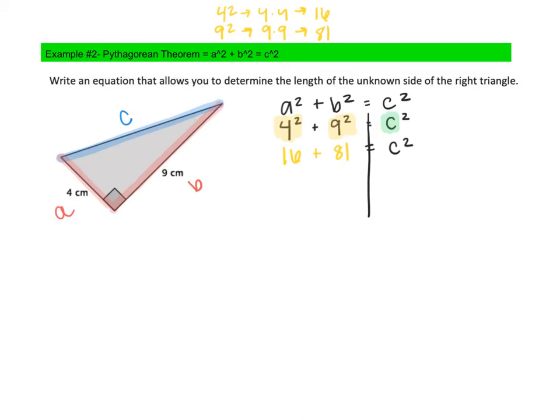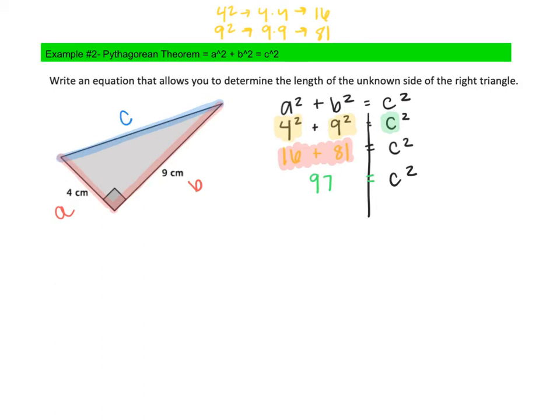Okay. From there, I'm going to add these two numbers up, 16 plus 81. I'm just going to do it in my calculator really quickly. I get 97. So 97 equals c squared.